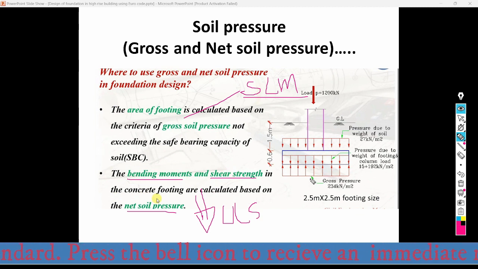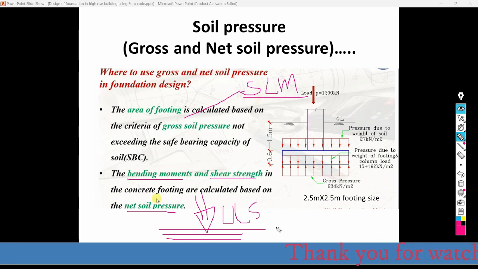If we consider the self weight of the foundation and the backfill material, our design will not be economical. It incurs an extra thickness of foundation as well as an extra area of reinforcement. So we need to be economical during the design of the foundation.